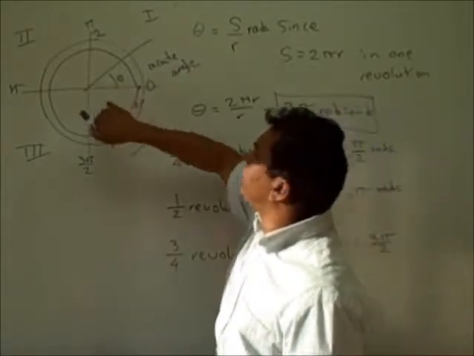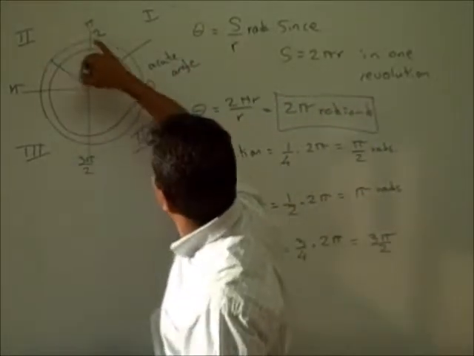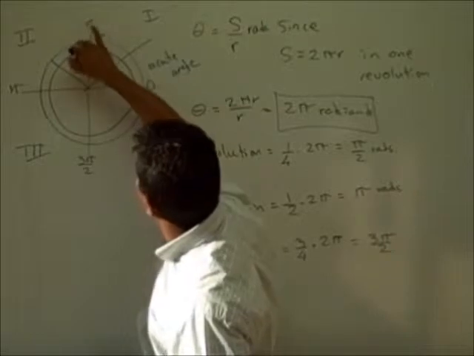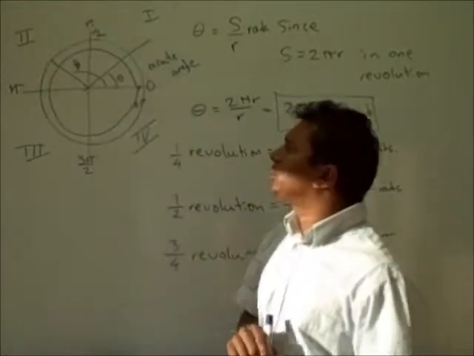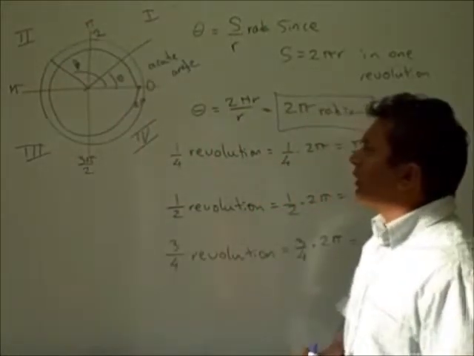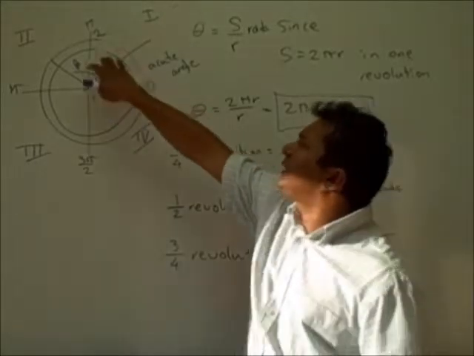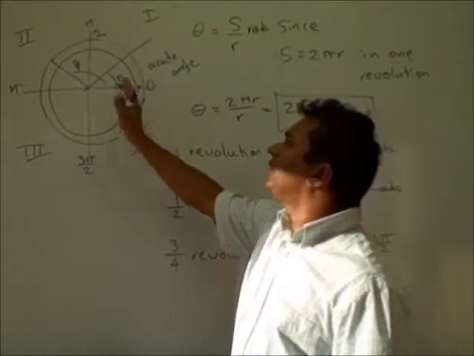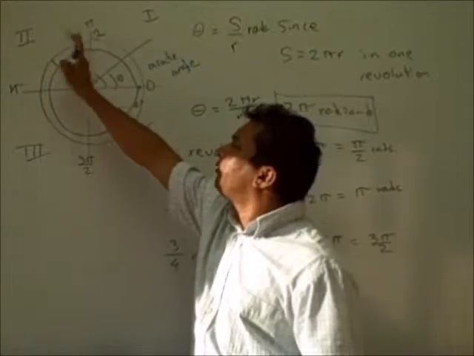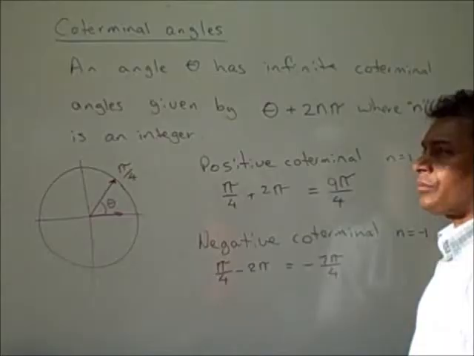An angle measured in our second quadrant, let's call this one beta, would be known as an obtuse angle. So acute angles are less than 90 degrees and obtuse angles are between pi over 2 and pi radians.